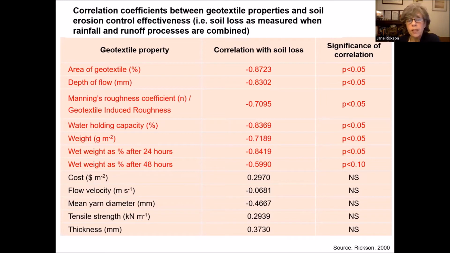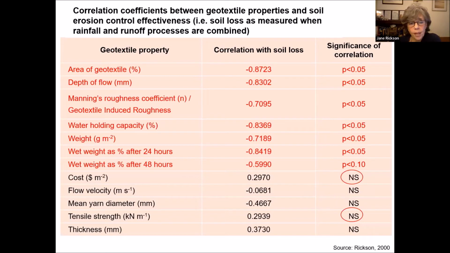All of these were significantly correlated with soil loss. They really explained the soil loss that we observed. But it was also interesting to see there was no correlation between cost and performance. So in fact, some of the cheaper products actually outperformed some of the more expensive products.